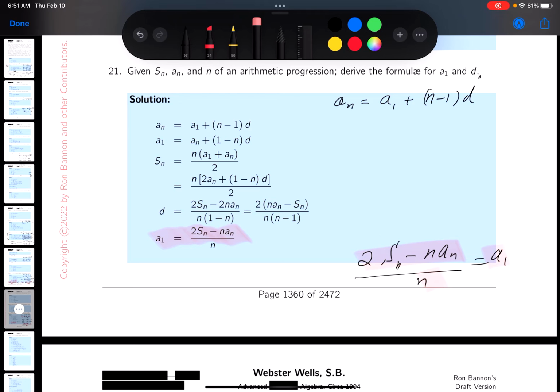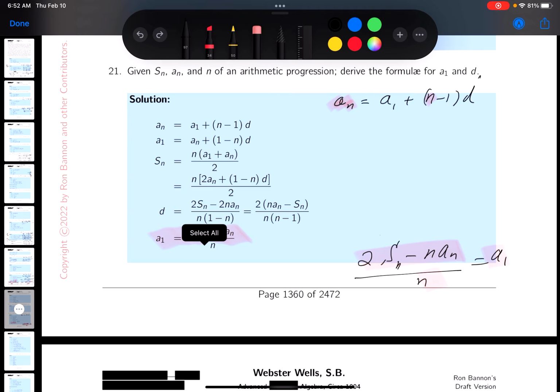Formula for D. All right, so I'm going to look at this guy over here, and I certainly know AN. I do not know A1, but I know N and D. Right? No, I don't know D. I got to find D. I'm sorry about that. Let me go backwards. So I know AN, I know N. I don't know A1 or D, but I have a formula for A1, so I'm going to write that down for you now.